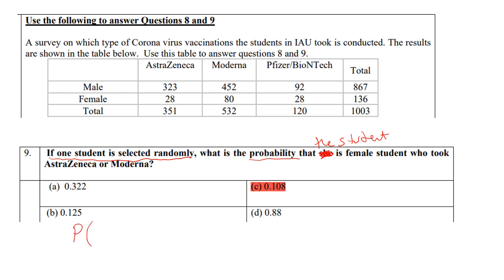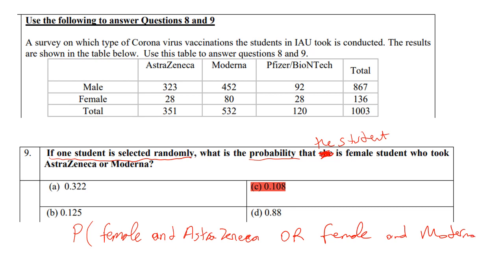What is the probability that the student is female and took AstraZeneca, or we can say still female and took Moderna. We can write it this way.